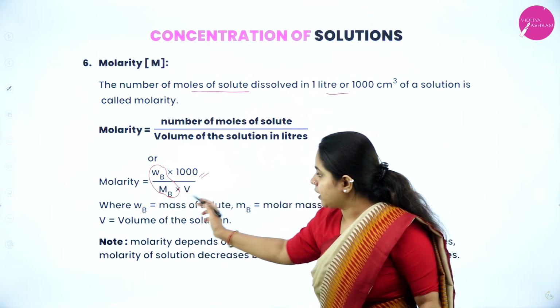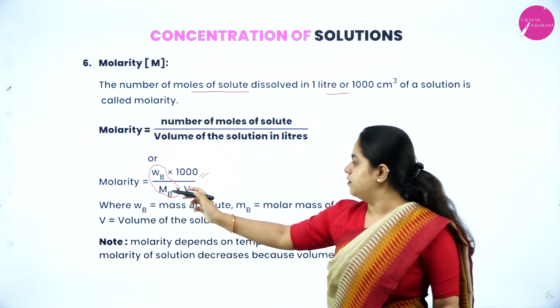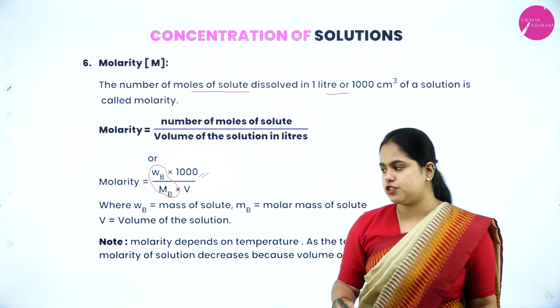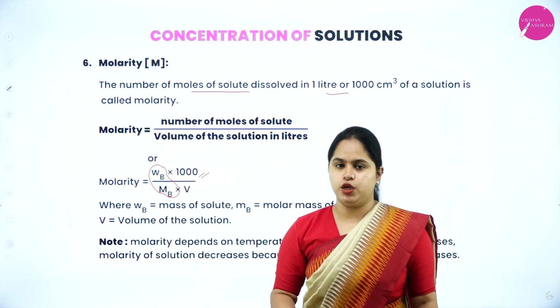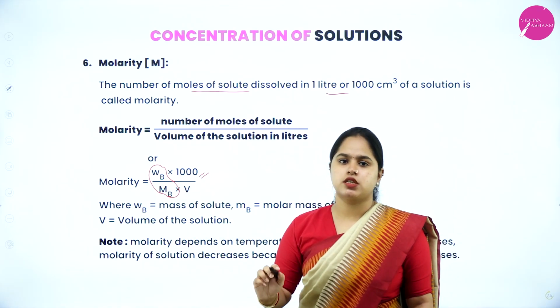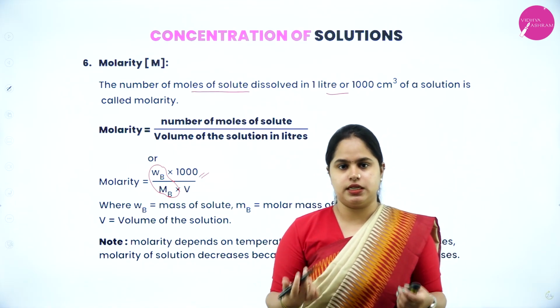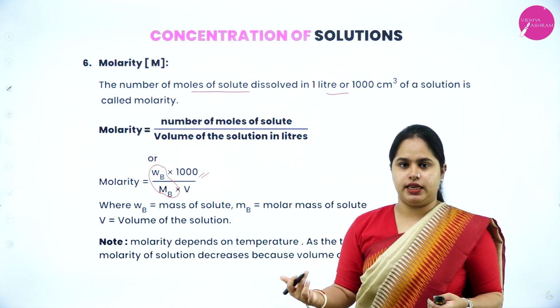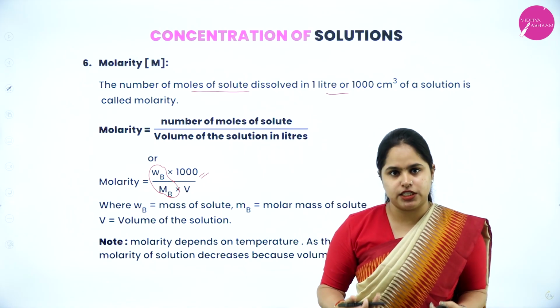So altogether, you can write molarity in this form also, where WB is the mass of the solute, MB is the molar mass of the solute and V is the volume of solution. This 1000 is required only if the volume is in milliliters. Now, one important thing about molarity is that it is temperature dependent.